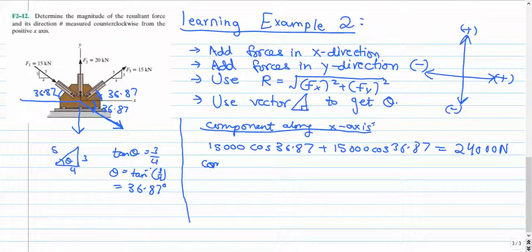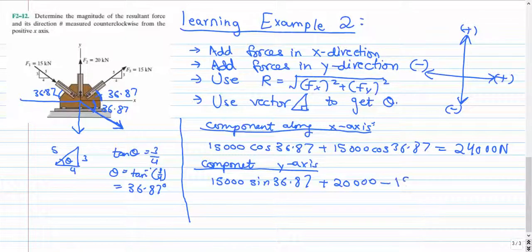Adding components along the y-axis will give us 15,000 sine of 36.87 plus 20,000 minus 15,000 sine of 36.87. The components of the two 15,000 Newton forces would cancel each other out, leaving us with 20,000 newtons directed upwards.